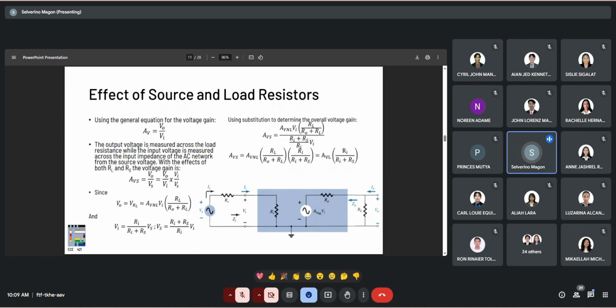The output voltage is measured across the load resistance while the input voltage is measured across the input impedance of the AC network from the source voltage.